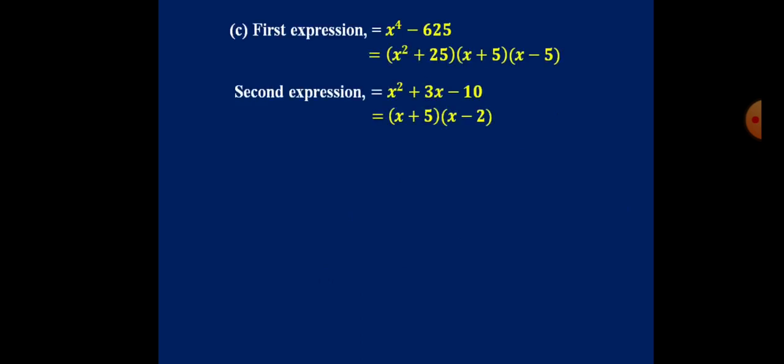Here is the first expression, x to the power 4 minus 625. As you know, in question B we have already resolved this one into factors, and the second expression I have factored in question A. So let us find the LCM. Keep your attention here.